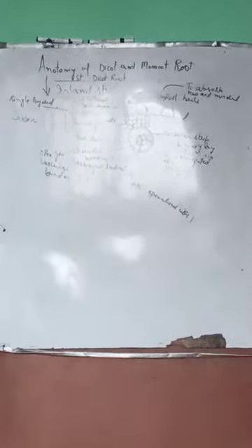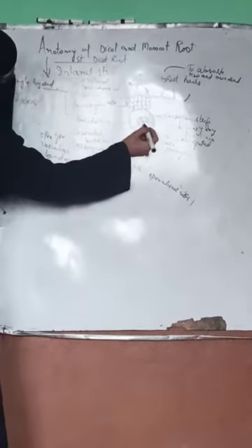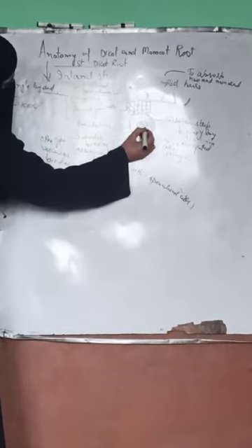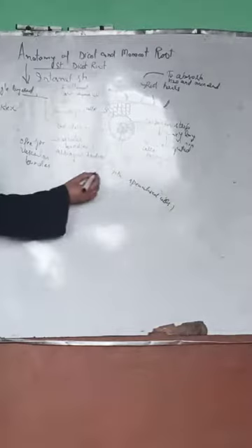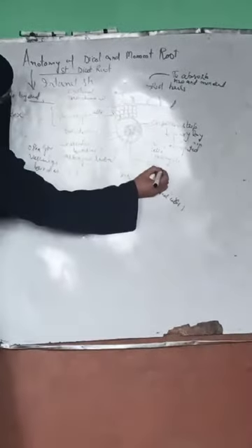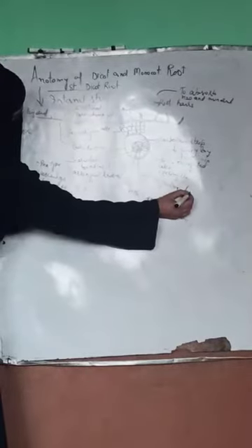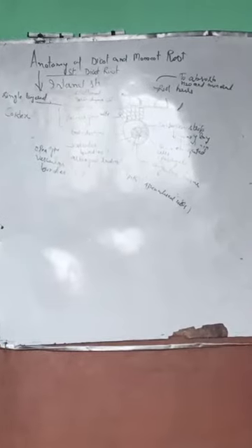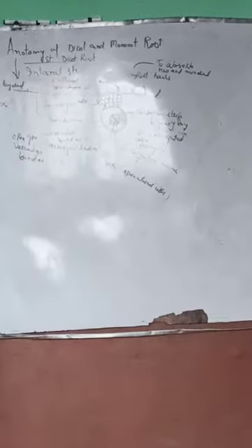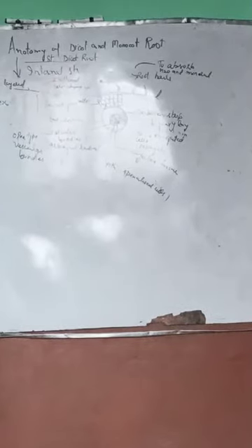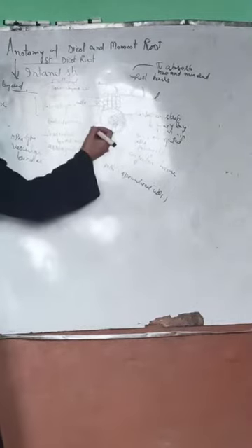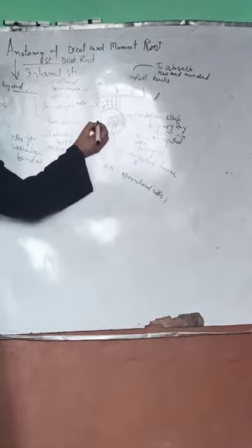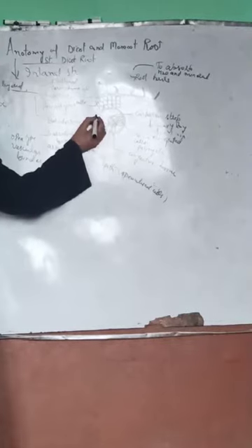Then there is a tissue which is present between xylem and phloem. This tissue we call the conjunctive tissue. Then there are cells which surround the pith, like this.